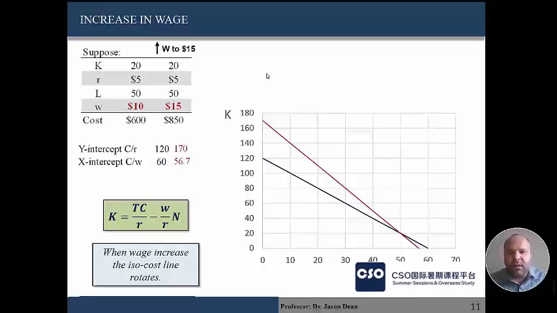Again, we're assuming that a point on the initial ISO cost line is going to be the same. So capital is 20 for both, labor is 50 for both.